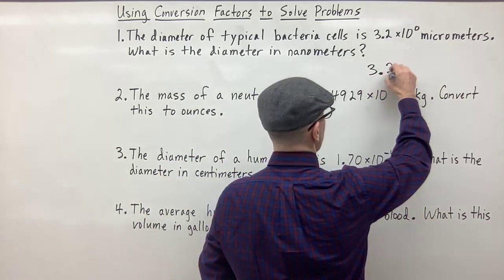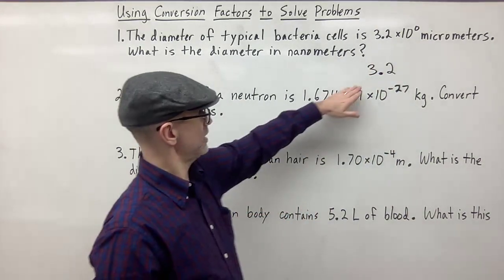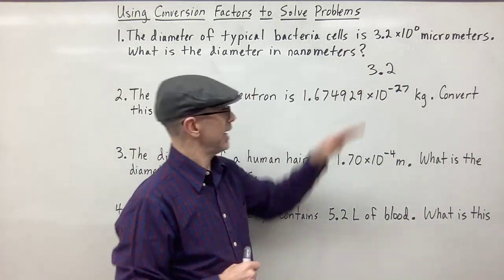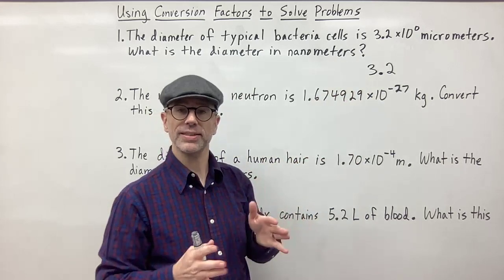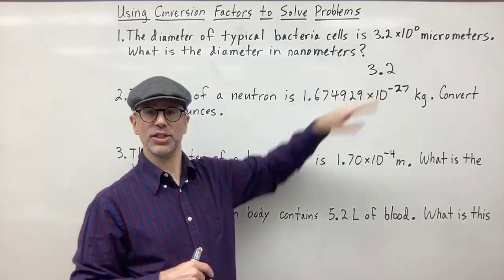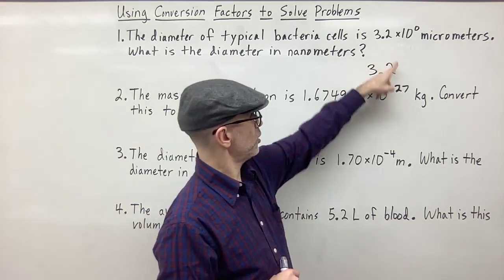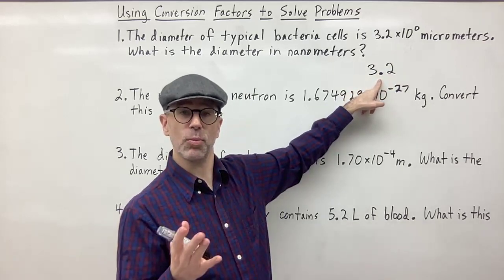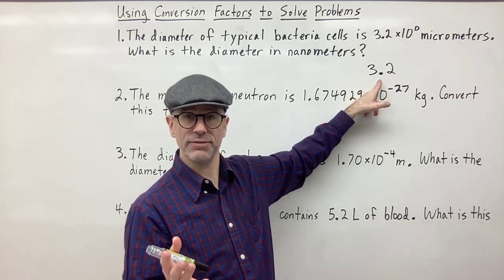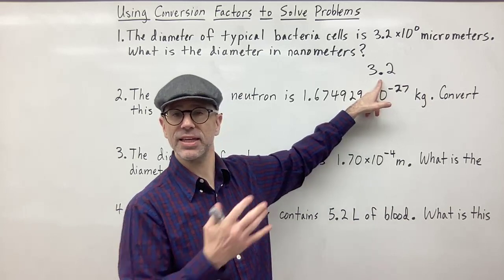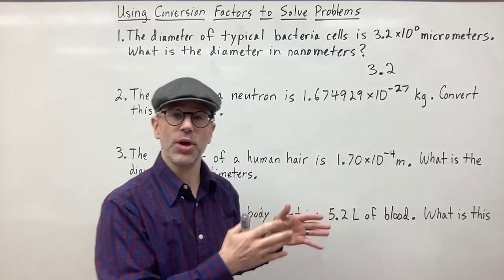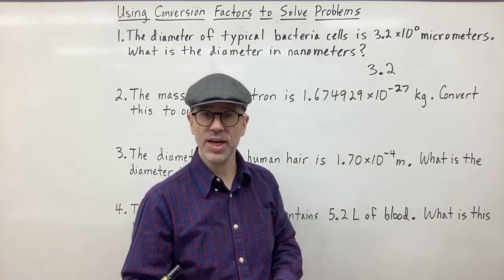The reason I want to point that out is because that is the way you would write a number that's between 1 and 10 in scientific notation. Normally we move the decimal point to the right or to the left, and then we multiply the number we end up with by a factor of 10.